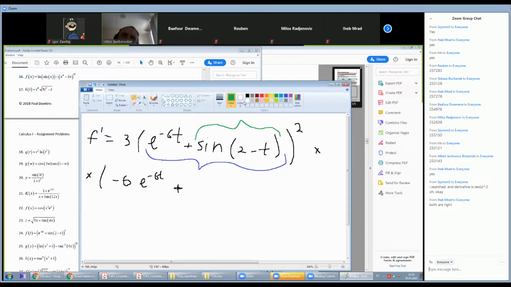So the derivative of sine is cosine. So you rewrite cosine of the same argument times the derivative of the argument, right?